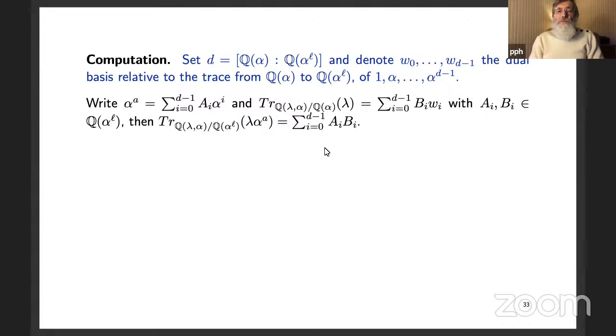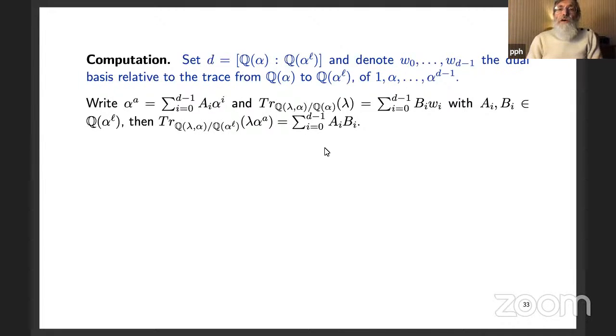So with this basis, we can write alpha to the A as the sum of a_i alpha^i, i running from 0 to D minus 1. So this is expressing on the basis 1, alpha, ..., alpha^{D-1}.